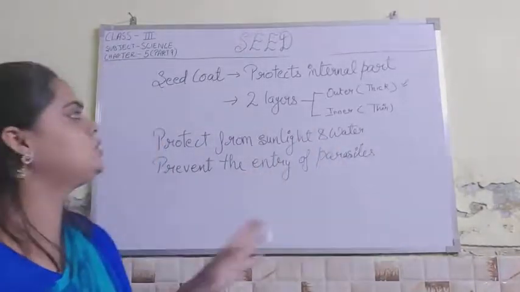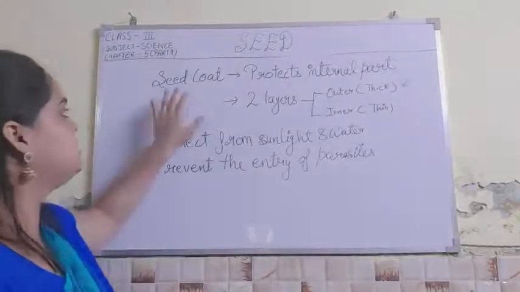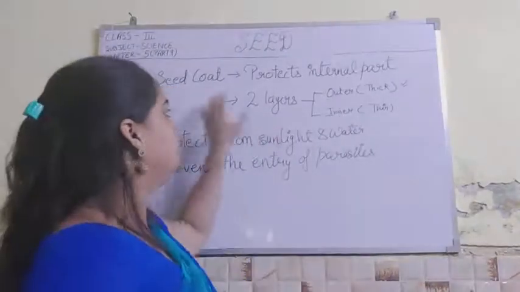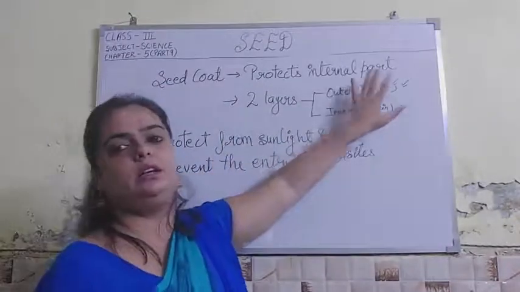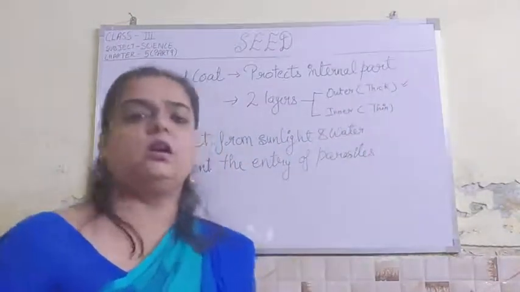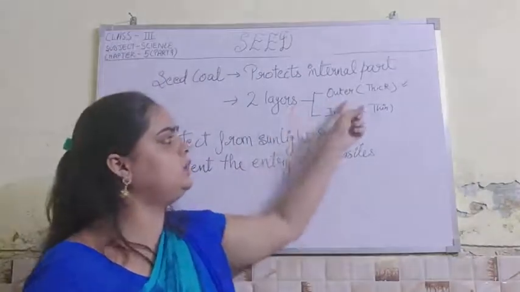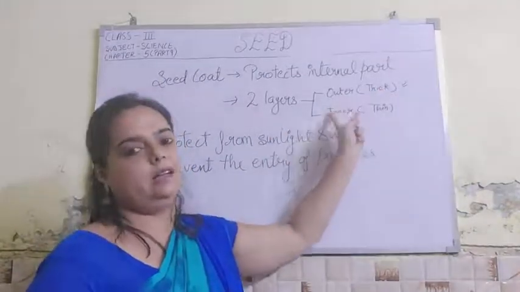Okay, this was about the seed coat. The seed coat protects the internal part of the seed. It has two layers: the outer layer is thick and the inner layer is thin.